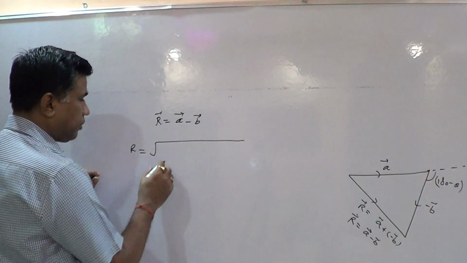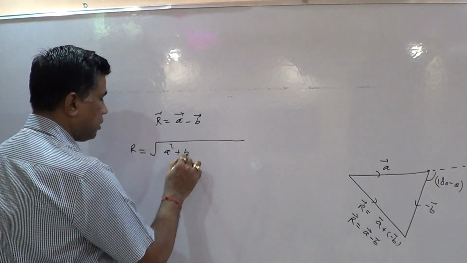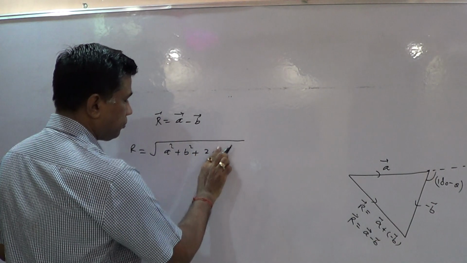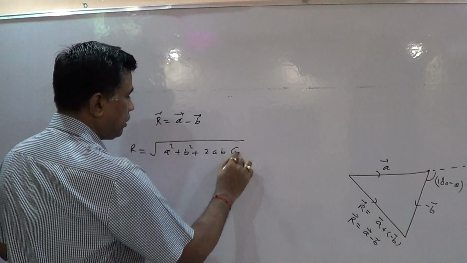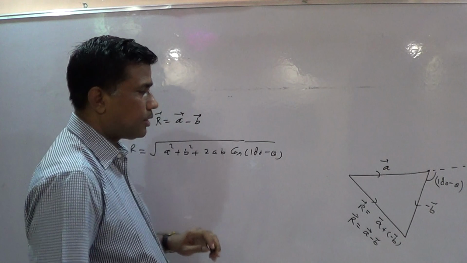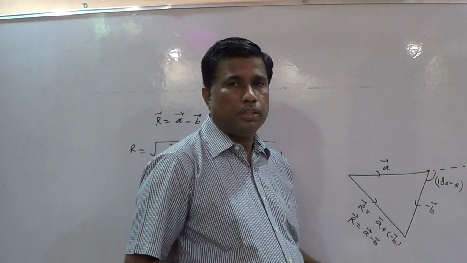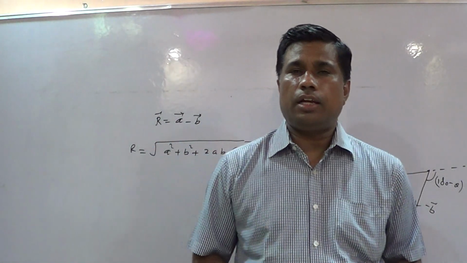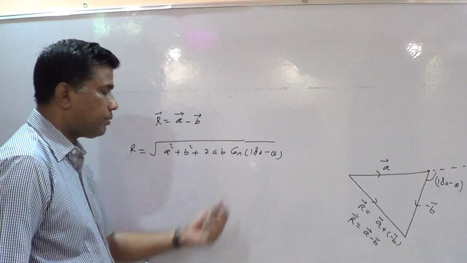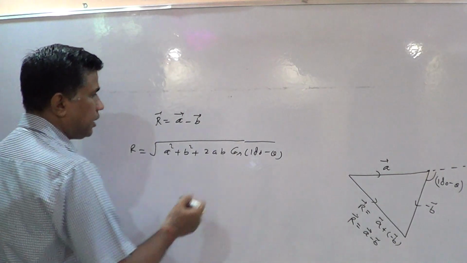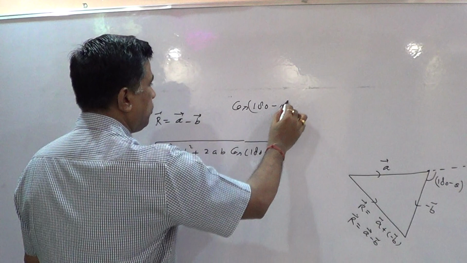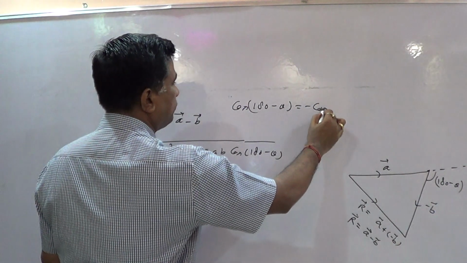So I am going to write the formula like this: a square plus b square plus 2a into b into cos 180 minus theta. Student, in this case I have not added b, I have added minus b, and the angle of minus b with a is 180 minus theta. So in the formula I have taken 180 minus theta, and student, this cos 180 minus theta is equal to minus cos theta.